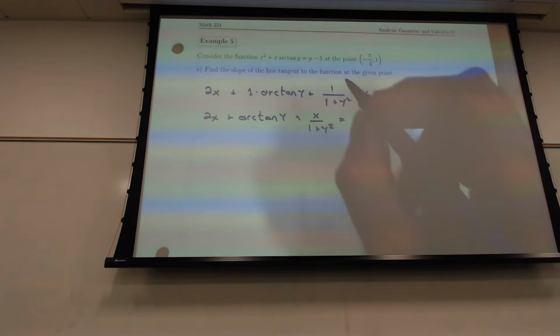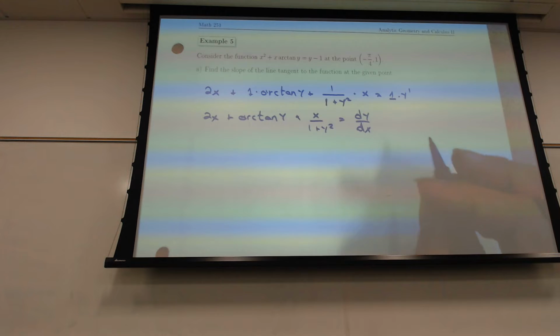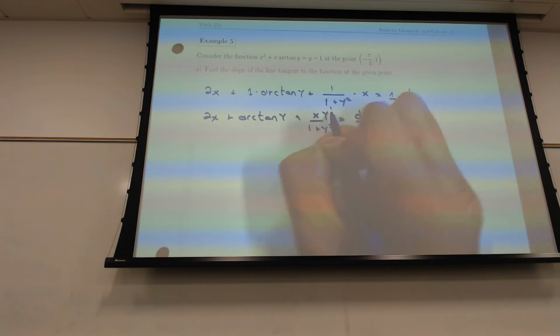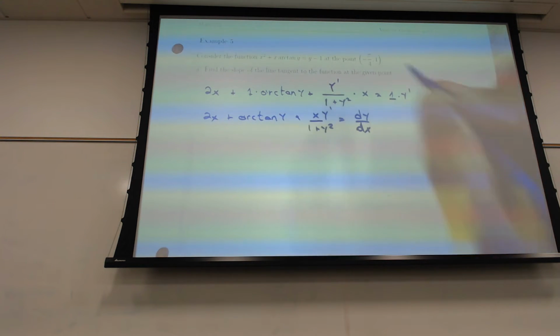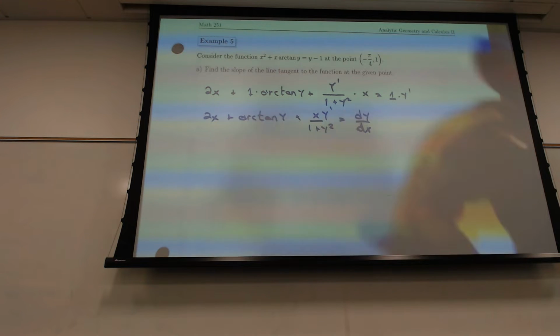Actually, there is. When I differentiated this arctan, that should have been a y prime over here. I didn't multiply. So no, there's a little bit to simplify over here. Just so you don't get confused, let me stick to y prime for now.